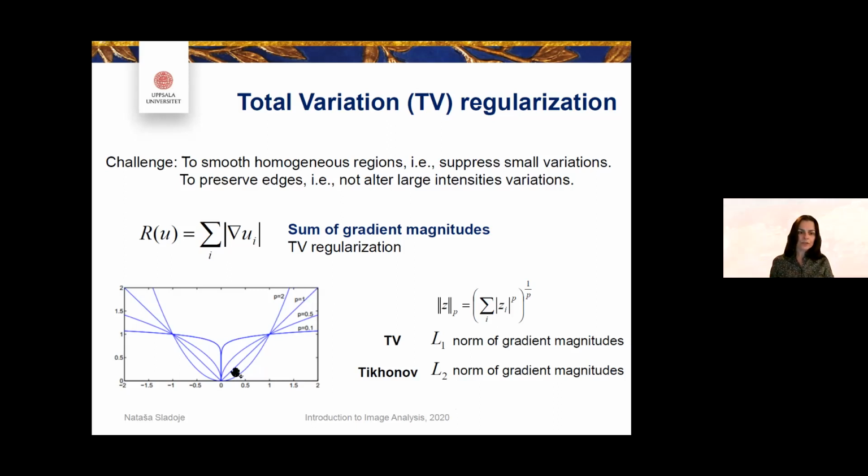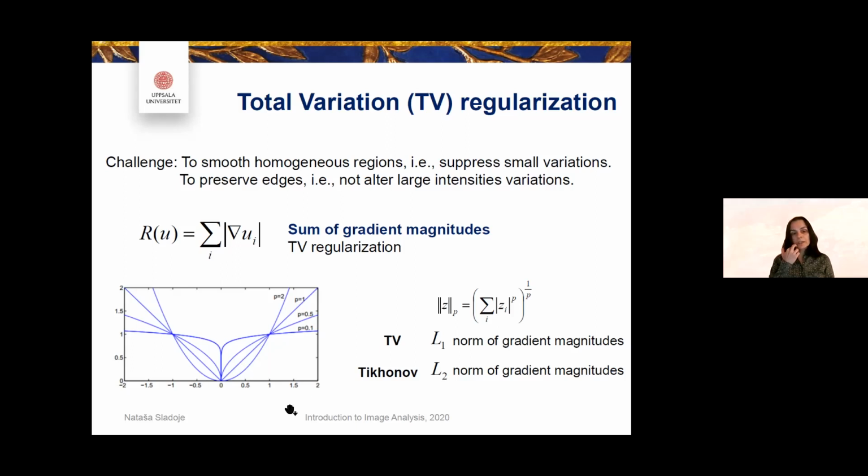That does not really hold for, let's say, P1, the L1 norm, which corresponds to P equals 1 here, where the values are kept the same, both when they are small and when they're big.